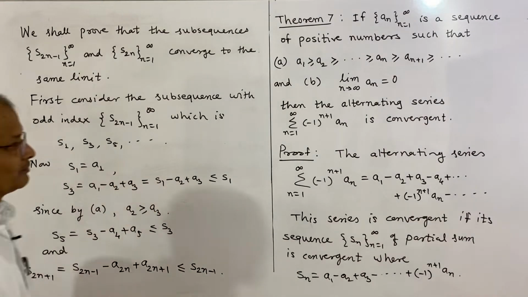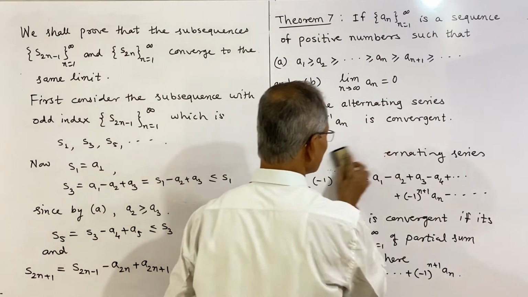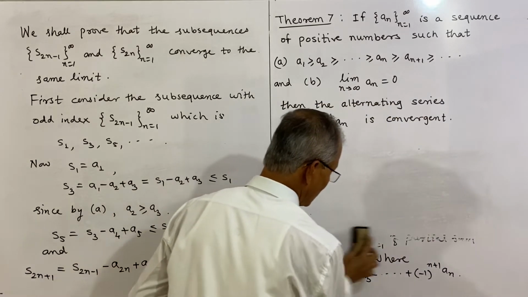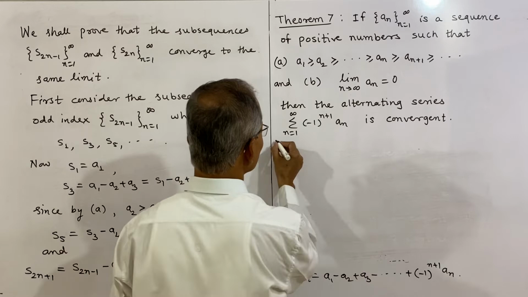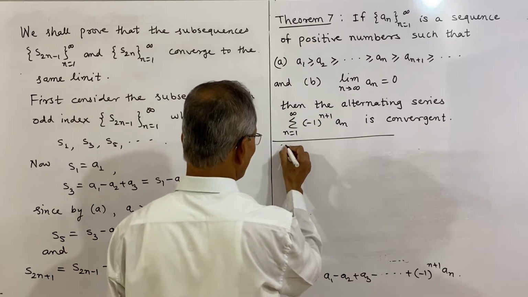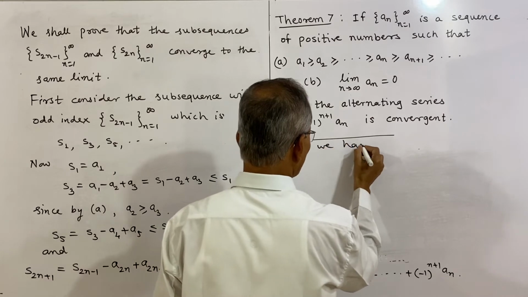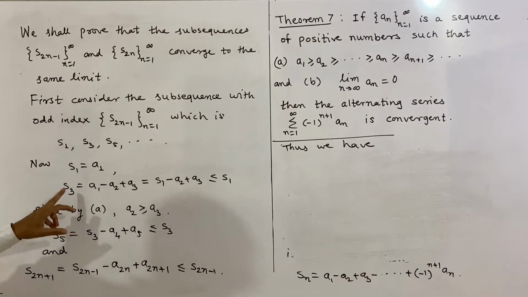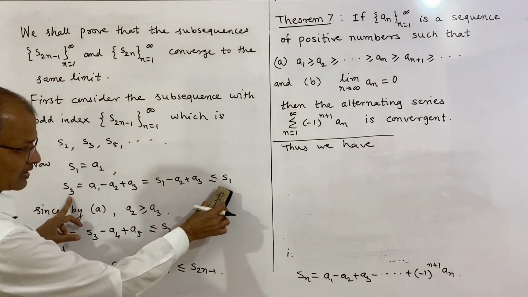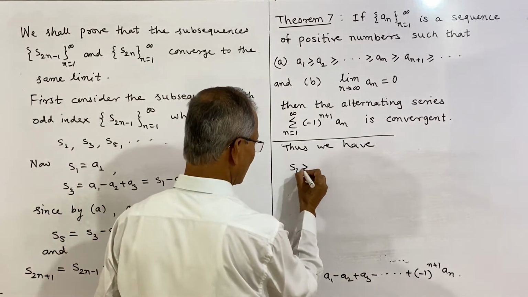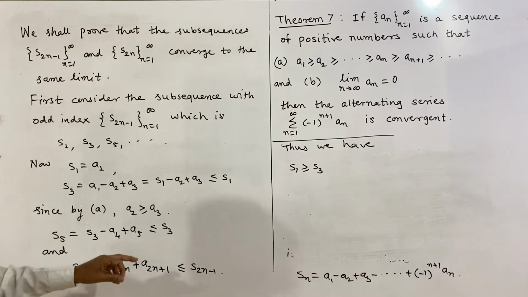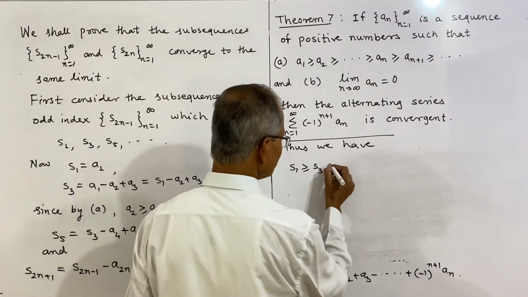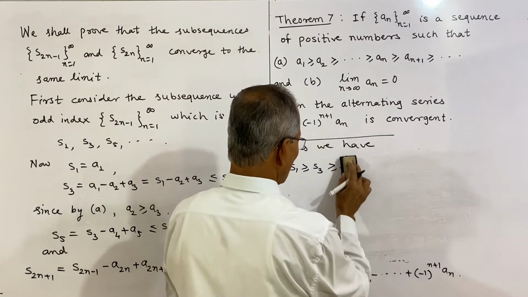Thus we have the relations in the terms of the subsequence S1, S3, S5, etc. Now see, S3 is less than or equal to S1, meaning S1 is greater than or equal to S3, and S5 is less than or equal to S3, meaning S3 is greater than or equal to S5, and that continues.